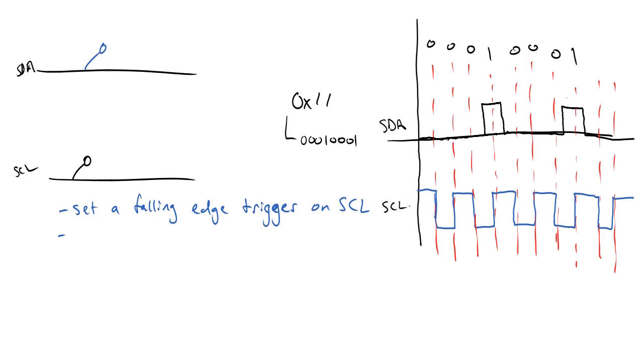But if you don't have that on hand, or all you've got is an oscilloscope, then you're going to want to turn to this method, applying a trigger on your SCL line to see what's being sent on the data line.